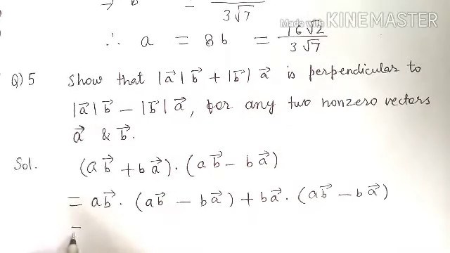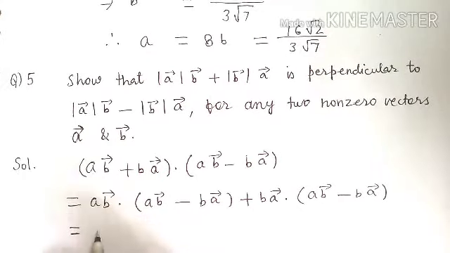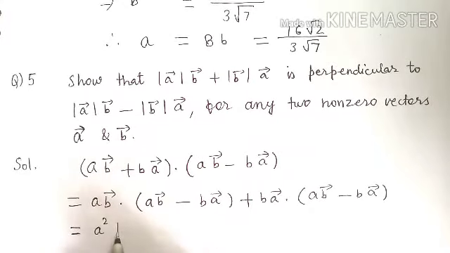From here we have A vector B dot A vector B, which gives A square times vector B dot vector B, that is B square.